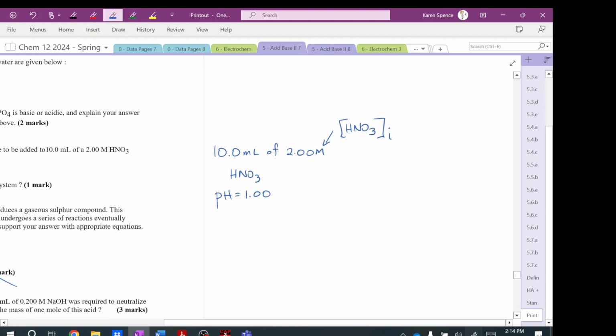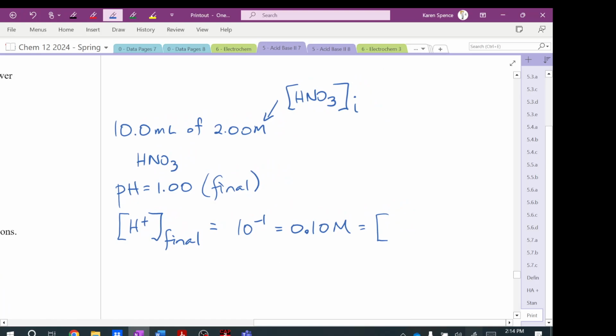And we want to have a pH of 1.0, which means this is our final. So the concentration of H plus final we want to be equal to 10 to the -1, which is 0.10 molar. Because HNO3 is a strong acid, H plus final is going to be equal to the concentration of HNO3 final.